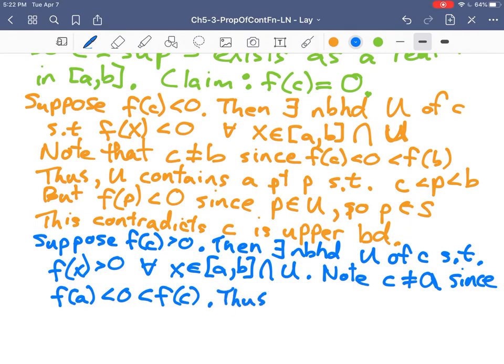Thus, that neighborhood U has to contain a point p such that a is less than p is less than c. So there's this point between a and c.